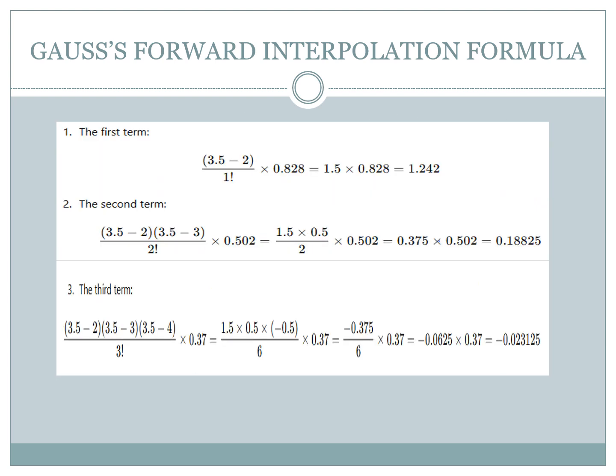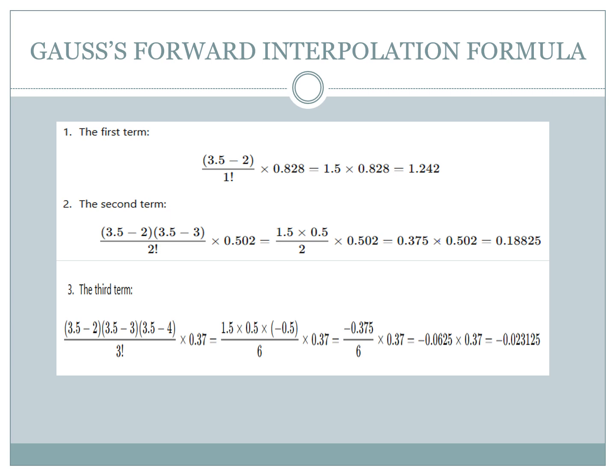So here the first term: 3.5 minus 2 divided by 1 factorial into 0.828 equal to 1.5 into 0.828. So just multiplying these two is equal to 1.242. So this is the first term. And next one we have to take the second term.